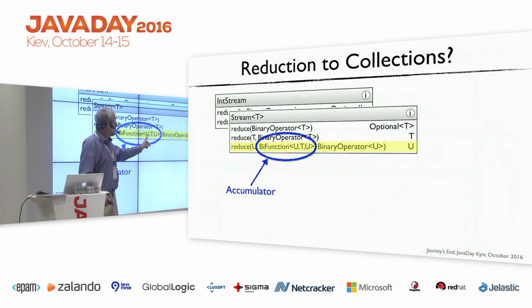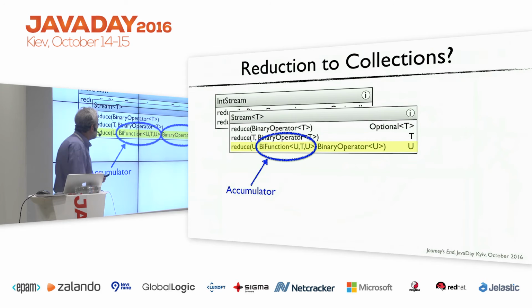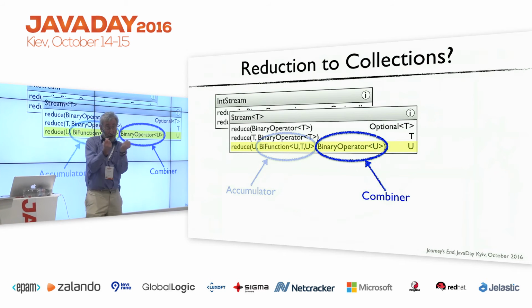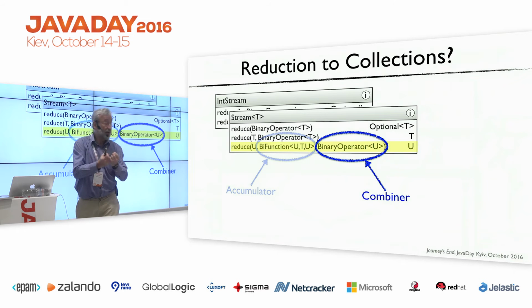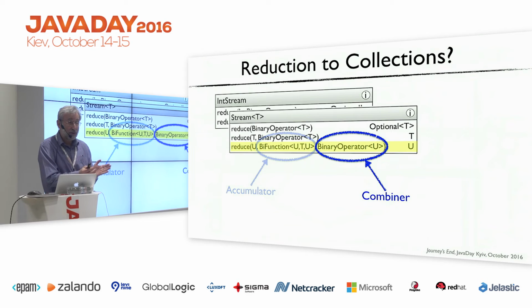Here's the BiFunction, which is going to take a collection and a single object, and it's going to return a collection. So in other words, this adds elements to a collection one by one. It's like the add method on collection, in fact. And here's a combiner, which is a binary operator on U, and this merges two collections, right? So the idea of that is that's like the thing that happened at the bottom there.